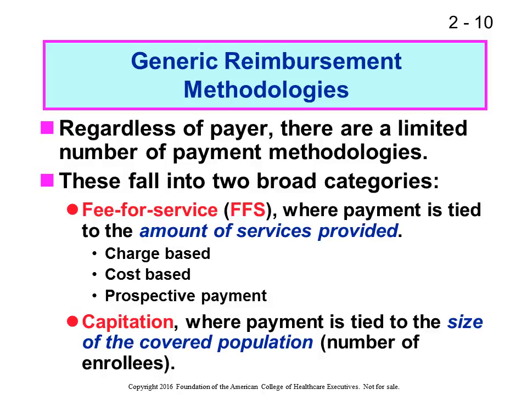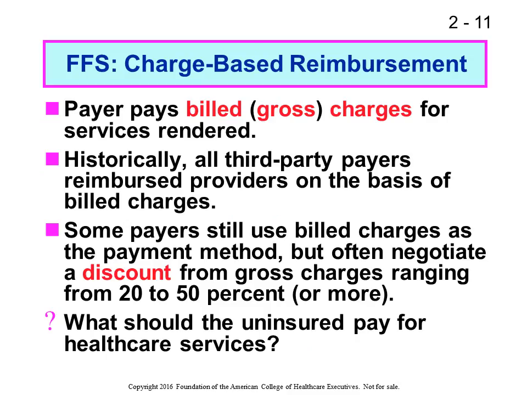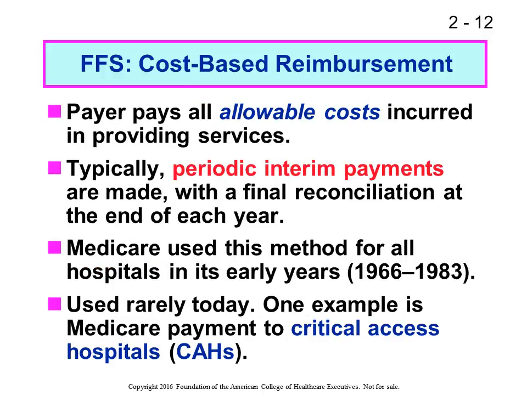Okay? Now, when we talk about capitation, if you're ever in a situation where you're dealing with capitation payments, those are like set fees. So it's almost like you may have a procedure done, but your insurance has capped it at so much that they're going to pay out to the provider, and so much of a percentage they're just going to cover overall. It's where the payer pays allowable cost.